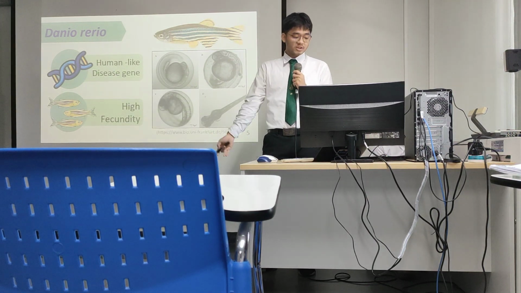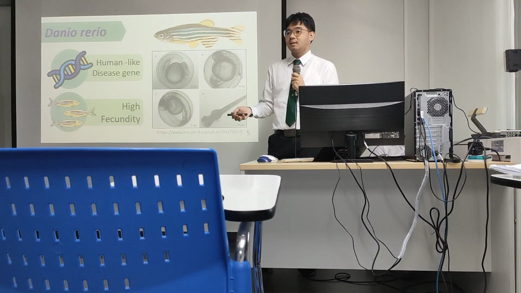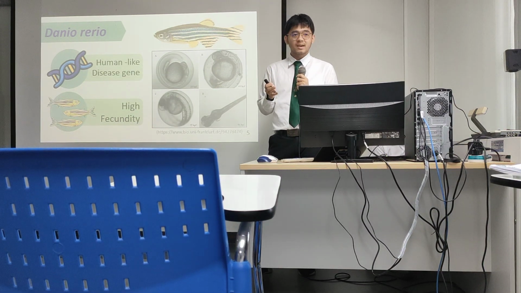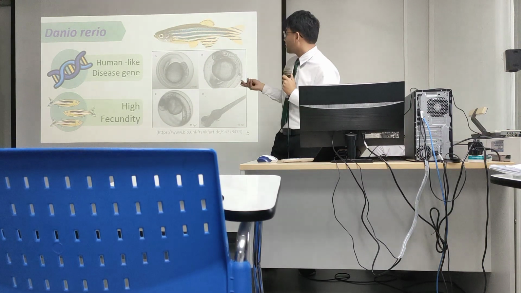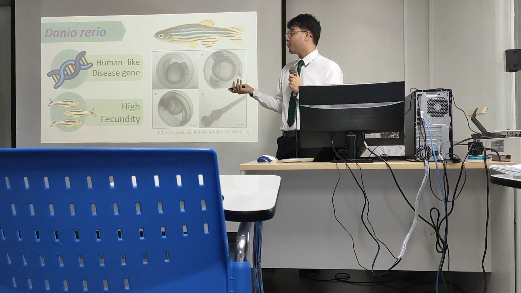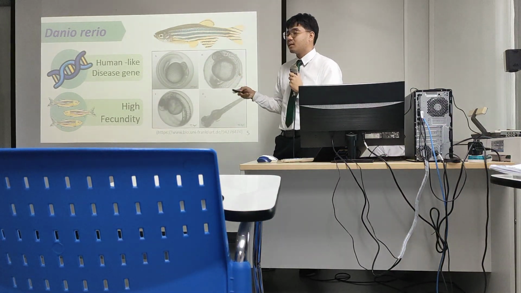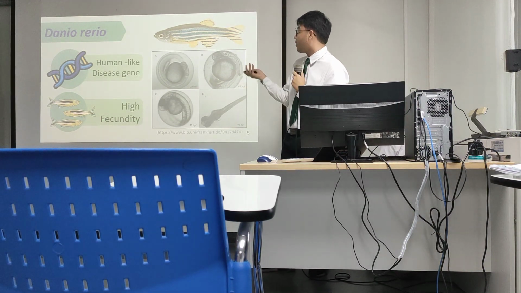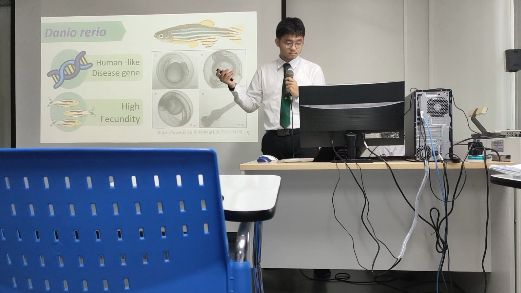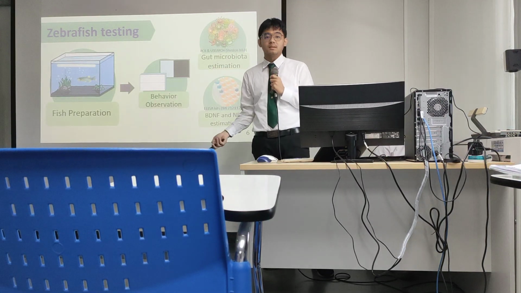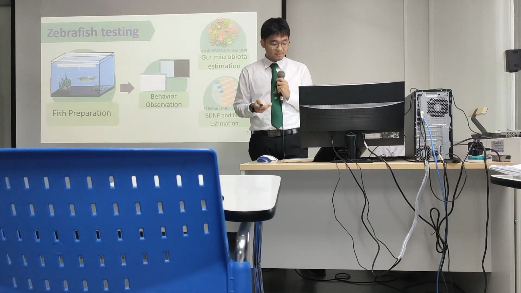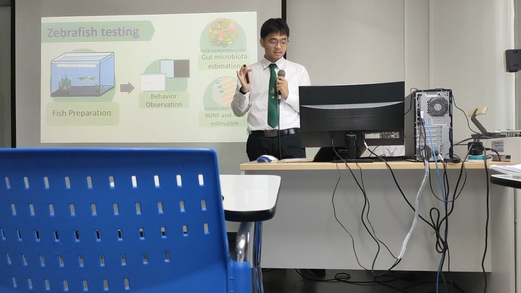Danio rerio, or zebrafish, is widely used for toxicity testing because it has more than 80% human-like disease genes. And you can see here, the zebrafish embryo is transparent, so it's easy to observe toxicity effects on the embryo. For zebrafish testing, there are three tests, but I will start with the fish preparation.